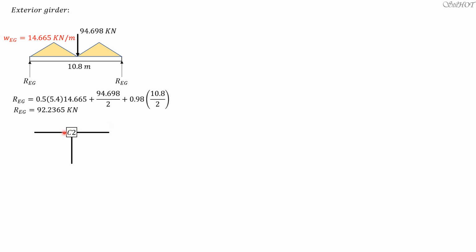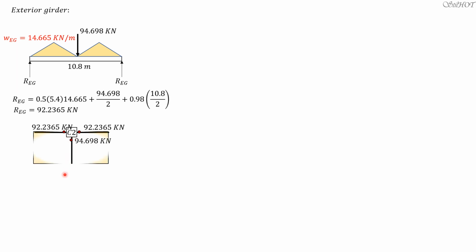So at the left side is the external reaction of the exterior beam, which is 92.2365. Same is true with the right side. So we have 92.2365 in the left side, 92.2365. This is an interior beam, so the force here is equal to the internal reaction of the interior beam, which was 94.698.